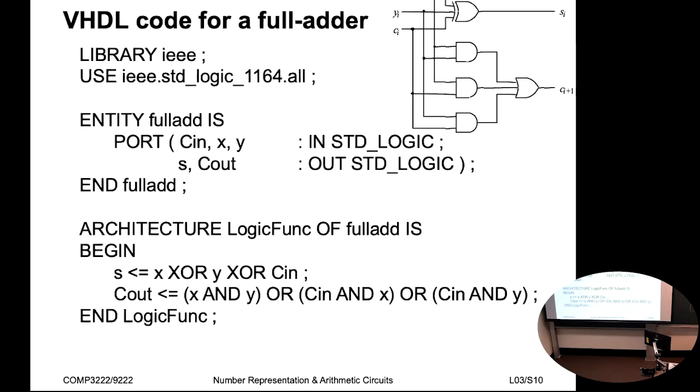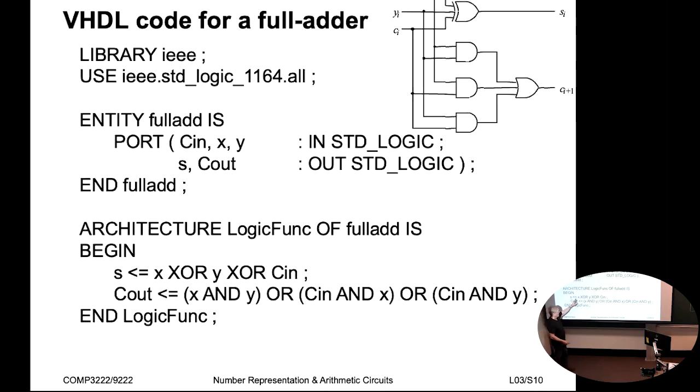All right, let's have a look at a bit of VHDL. If you wanted to describe this full adder, the circuit that we considered previously, it's pretty straightforward. We've got 3 inputs, Xi, Yi, and Ci, and 2 outputs, Si and Ci plus 1. Let's call them carry in and carry out, just to keep it a bit simpler. The architecture just has these 2 concurrent simple signal assignment statements.